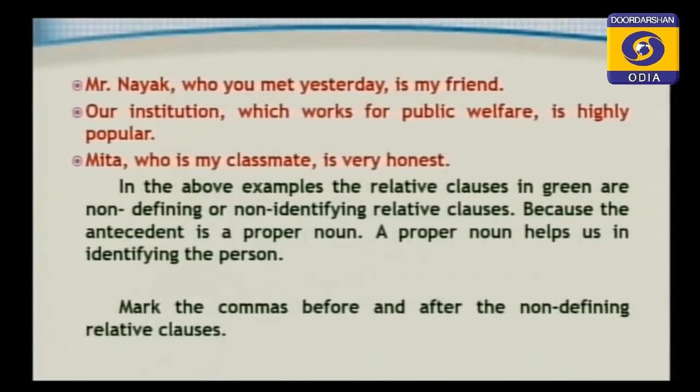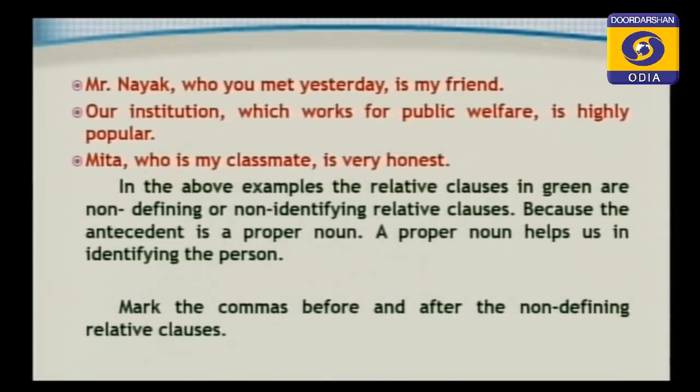Third sentence, Mita, who is my classmate, is very honest. Mita is very honest. This is the main clause. Who is my classmate? It adds information. That is why it is separated from the main clause by two commas on both the sides.